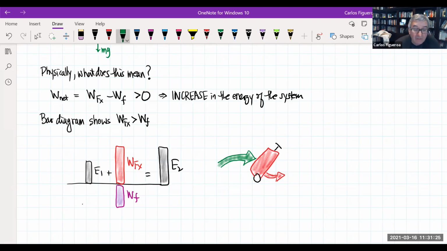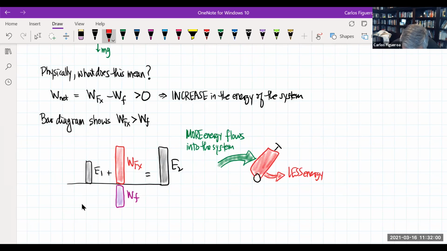So in this scenario, more energy flows into the system, and in this case, less energy flows out of the system.